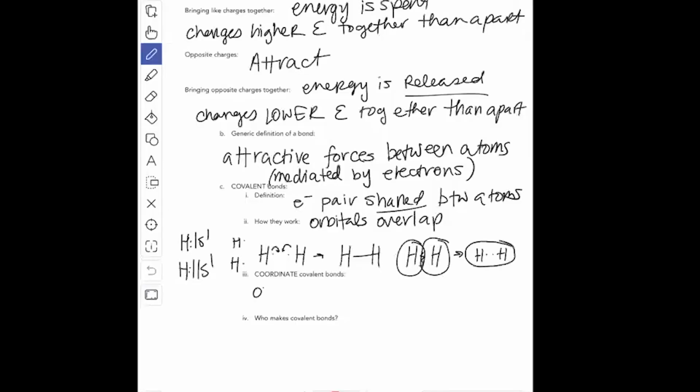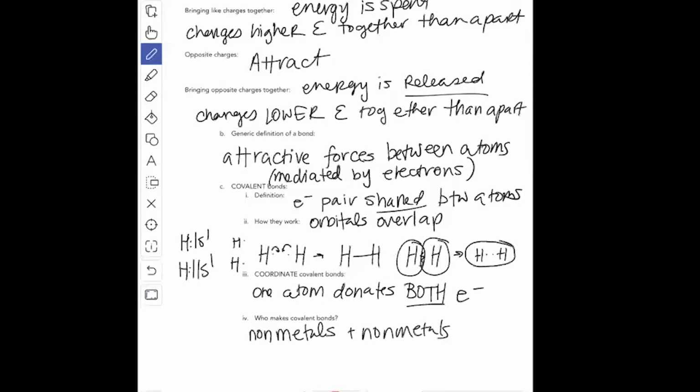An uneven electron sharing within covalent bonds is largely how many fibers and dyes are able to stick together. However, there's one special type of covalent bond we'll touch on today, and that's the coordinate covalent bond. The coordinate covalent bond is a bond where one atom donates both electrons in the bond.